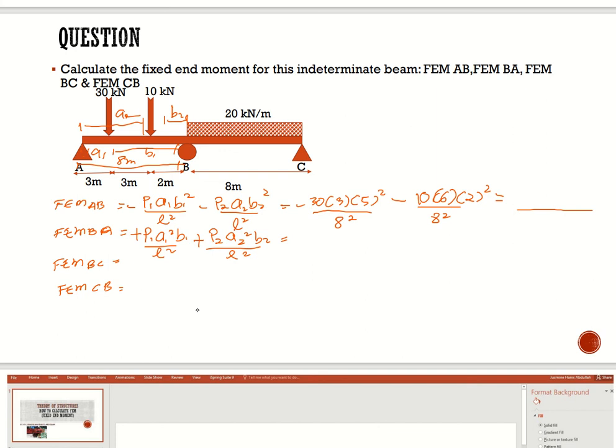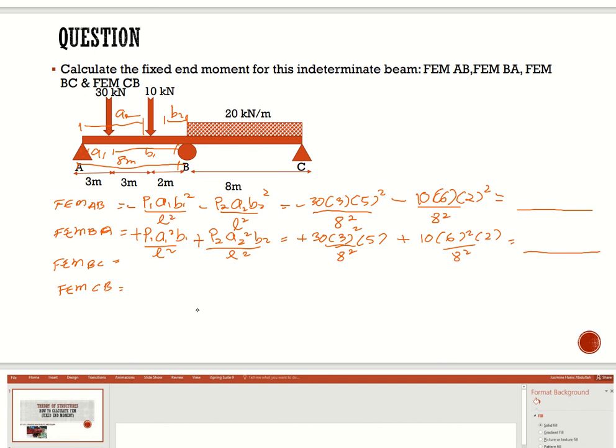So we put the value, positive 30 times 3 square times 5 meter divided by 8 square, plus 10 times 6 square times 2 divided by 8 square. So we get the answer at the right of the BA beam.